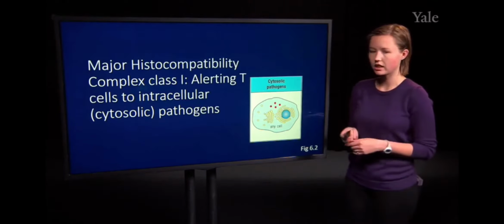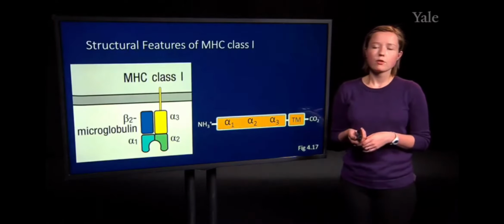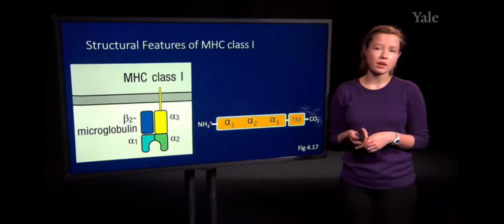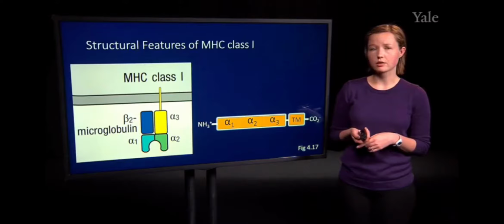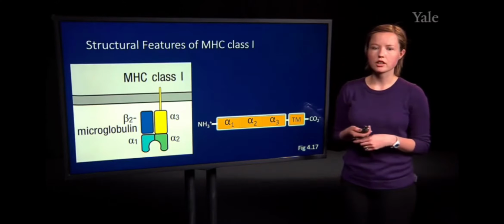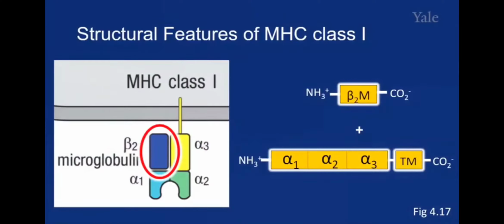Before we get into how antigen presentation on MHC Class 1 actually occurs, let's look at the structure of the molecule. Here we see MHC Class 1, and it consists of this alpha chain, which is tethered to the membrane, and it also associates with this other protein called beta-2 microglobulin.